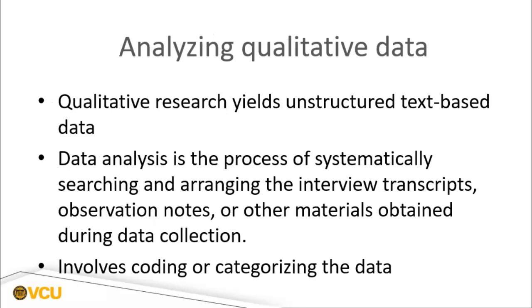Qualitative research yields mainly unstructured, text-based data. These textual data could be interview transcripts, observation notes, or diary entries. In some cases, qualitative data can also include pictorial display, audio or video clips, or other multimedia materials.